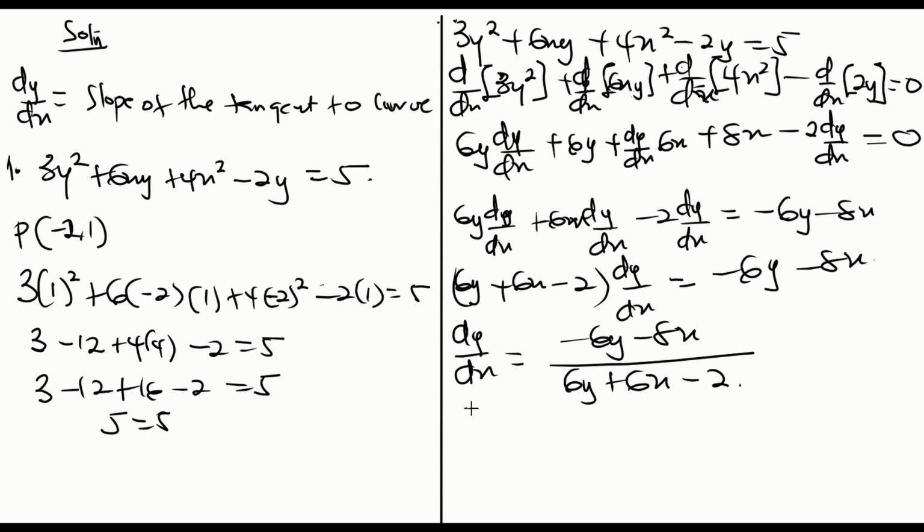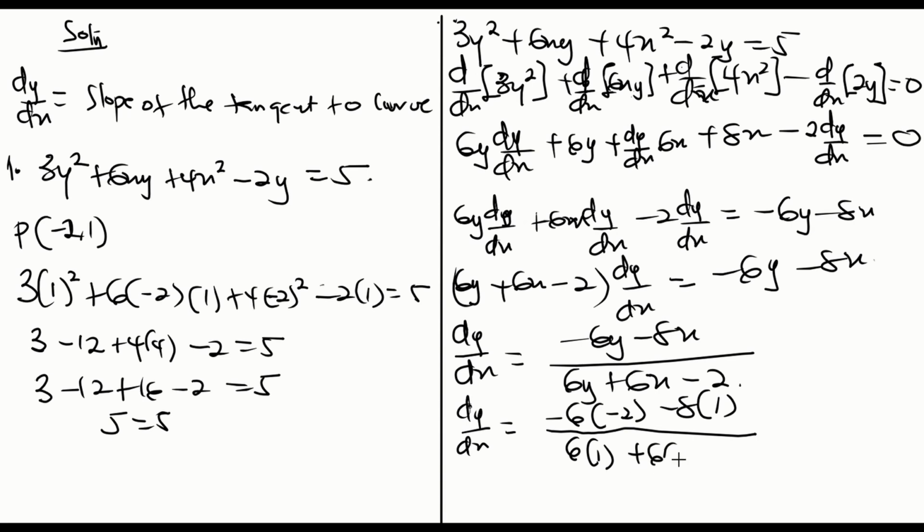By doing that, I have my dy/dx equal to minus 6 into bracket my y, which is 1, minus 8, when we put my x, which is minus 2, all over 6y, where y is still 1, plus 6 into bracket minus 2, minus 2.